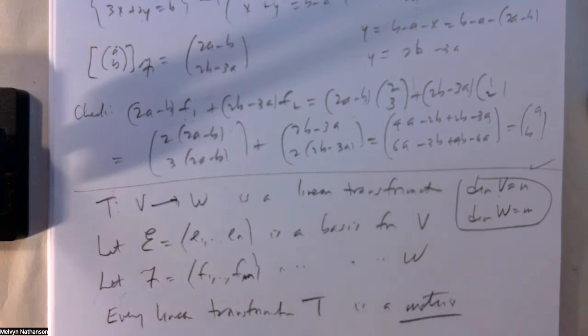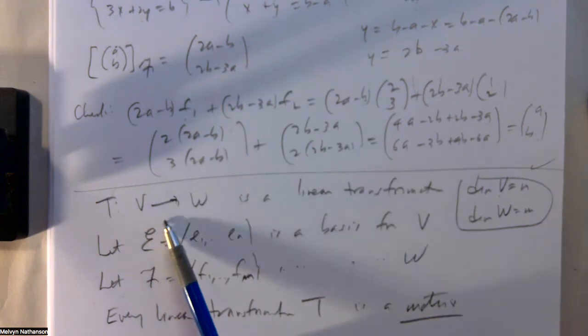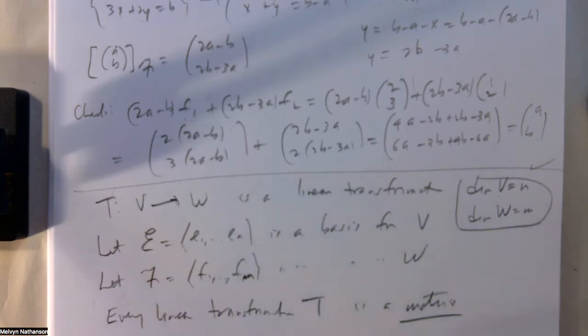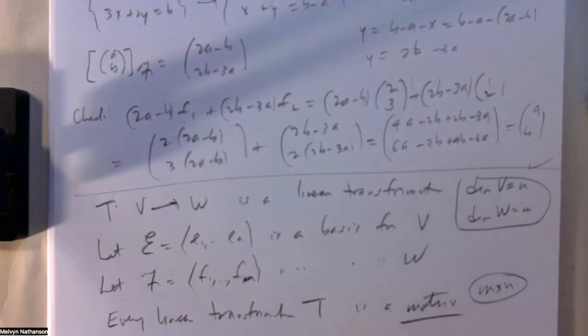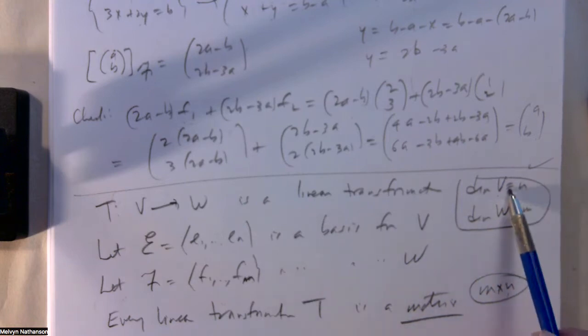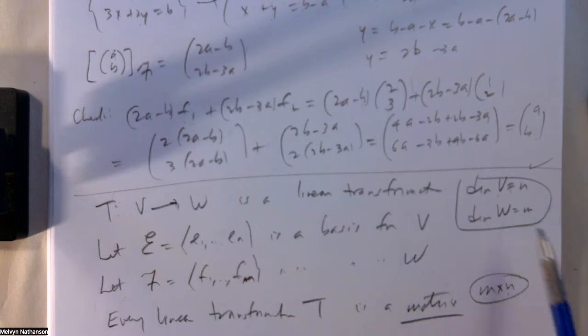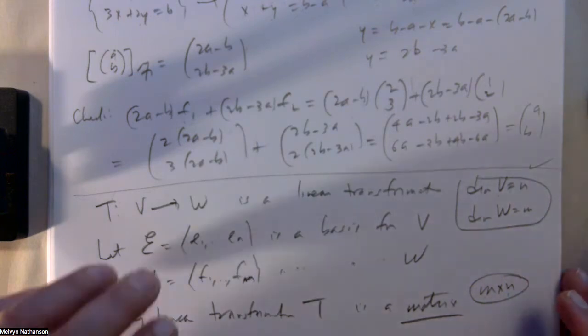So we saw matrices in connection with solving linear equations, but now we're going to see how, if you take a linear transformation from one finite dimensional vector space to another, if you fix a basis for each vector space, the linear transformation is just a matrix. It's going to be an m by n matrix, where n is the dimension of the domain V of your linear transformation, and m is the dimension of the range of the linear transformation.